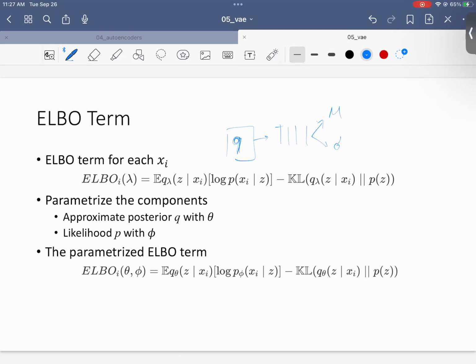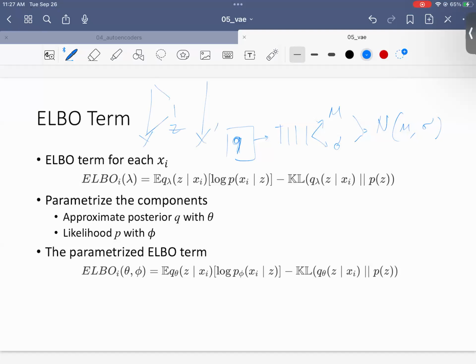And then using these mu and sigma, you can derive a Gaussian distribution that follows this mu and sigma. So our encoder will no longer directly generate a z, like in the autoencoder, where we had x, z, x prime.